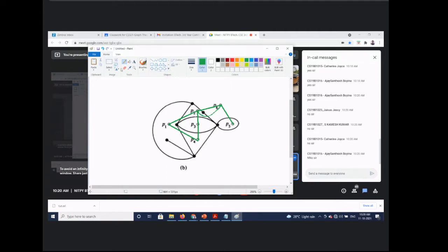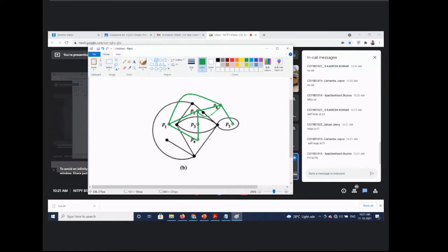Now, anything left out? Think. Many edges have been left out. P1 to P6 has not been done, right?